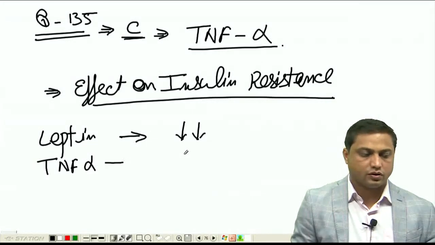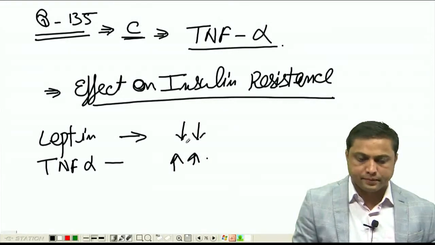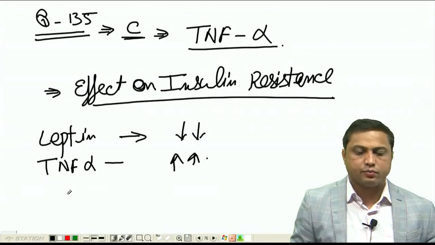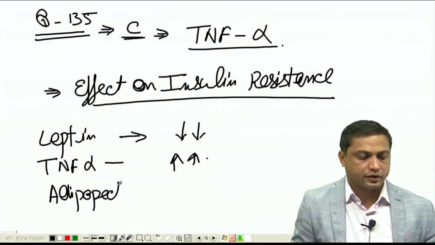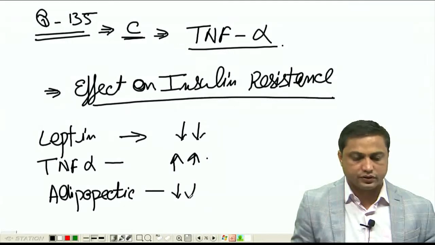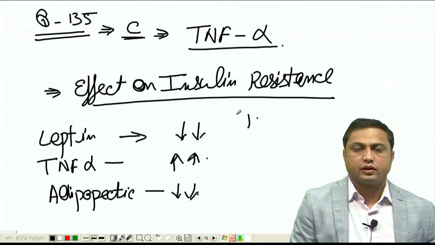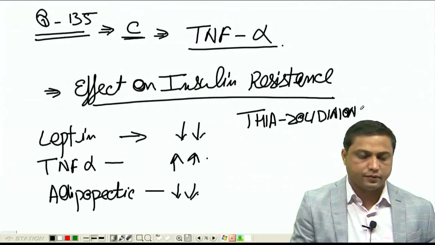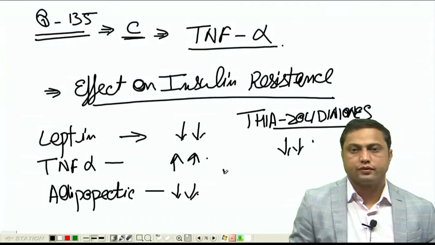TNF alpha increases it. Adiponectin also decreases it. Then thiazolidinediones also reduce insulin resistance.